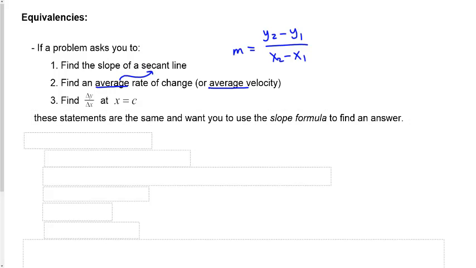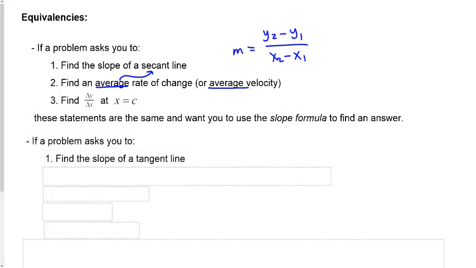However, if a problem asks you to do things like find the slope of a tangent line, well, the tangent line is related to secant lines, but you have to do a limit. So the limit as x approaches c, f of x minus f of c divided by x minus c. So you're doing the limit of slopes of secants for tangent lines.